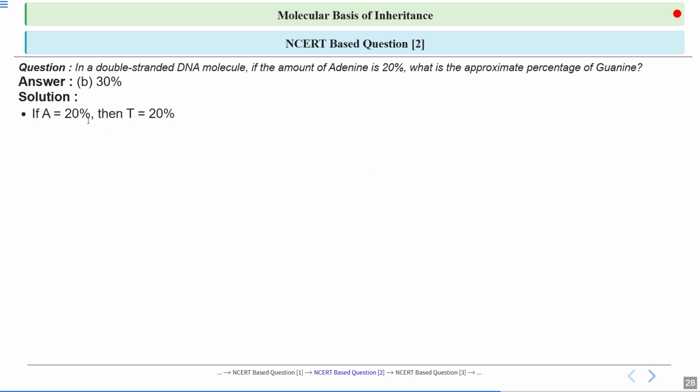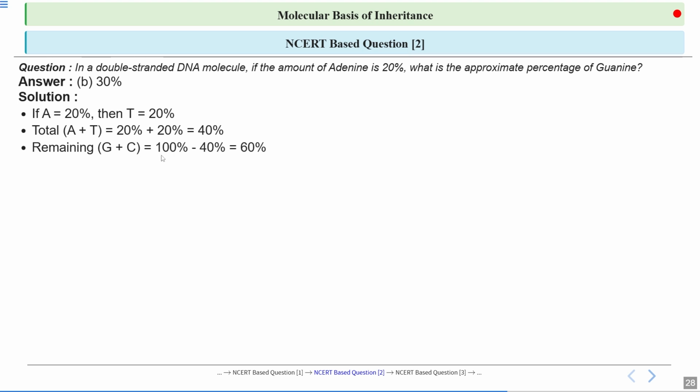I will make you understand it again. A is 20%, then thymine is also going to be 20% because we know that A equals T. Now, if A plus T equals 40%, then how much will be left? Remaining will obviously be G plus C. So G plus C is going to be 100 minus 40, which is 60.